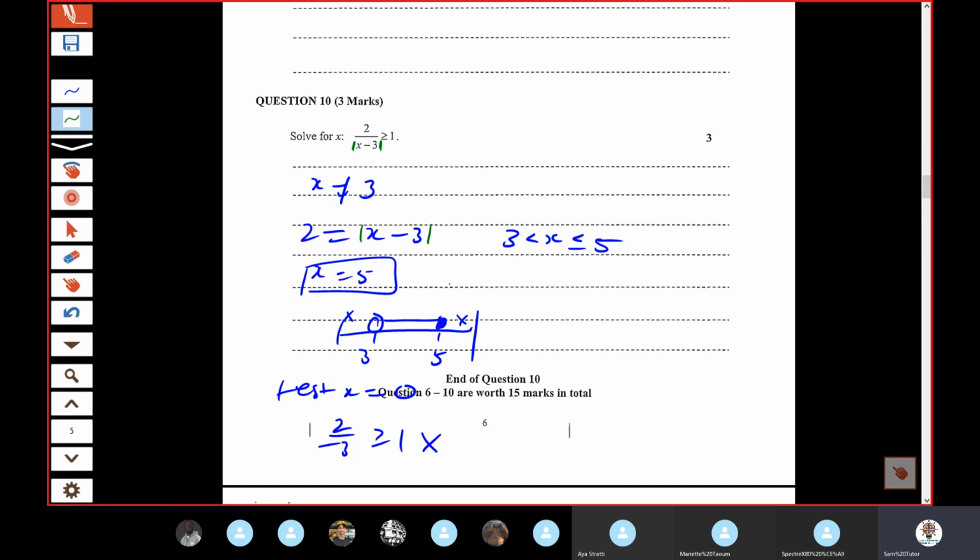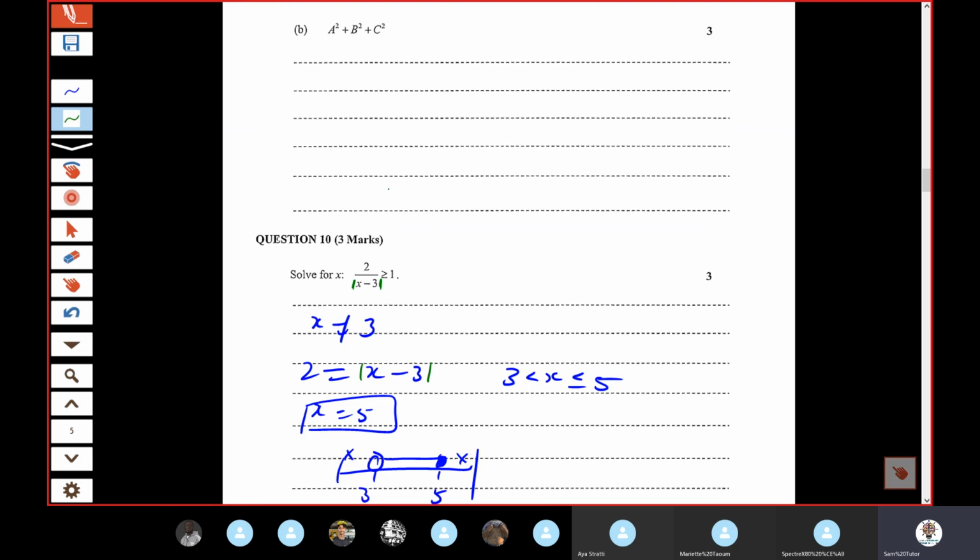You'll get 3 different solutions. I saw your face, you're like, but you can't do that. You just do it the same way that you would normally do it, and it should work out. I'll leave that for you guys to try in your own time and then send me a solution. I'll tell you if it's right or wrong. But you might need to substitute a few different values to work out what's happening there.